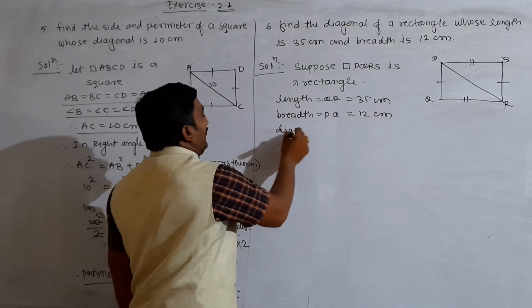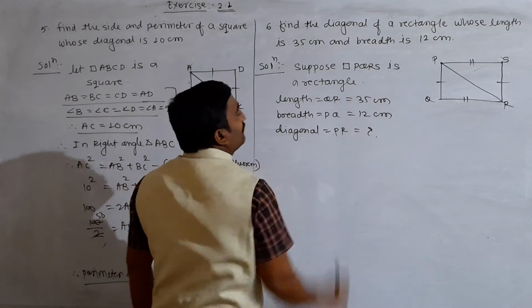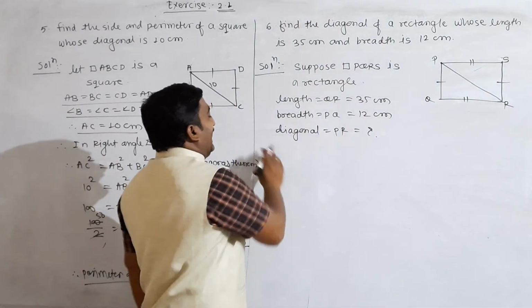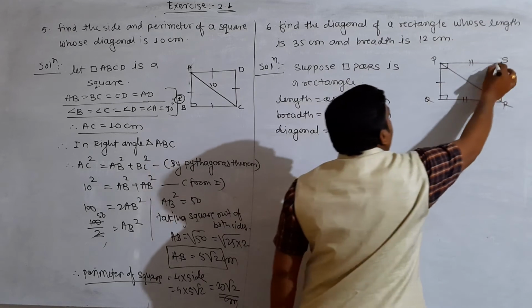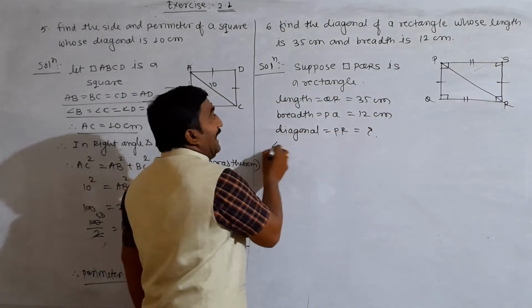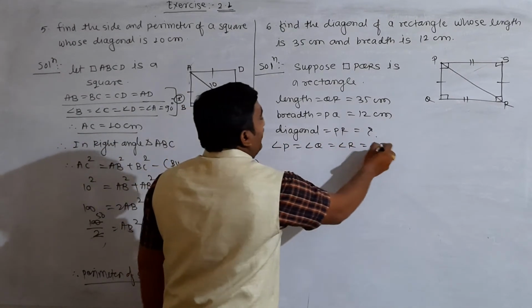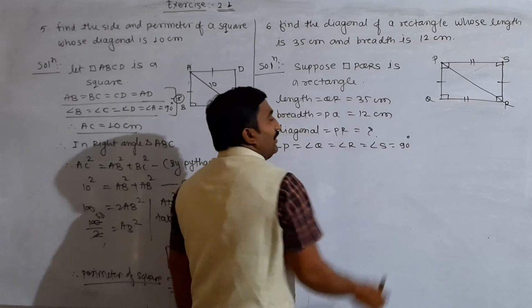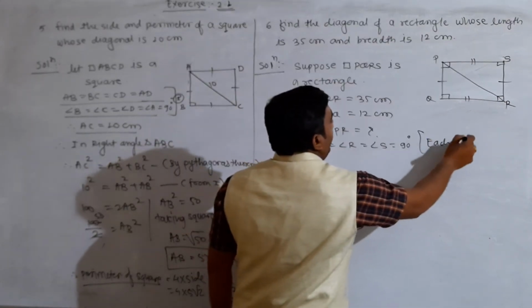We have to calculate diagonal PR. So, we know that each angle of a rectangle is a right angle. Angle P is equal to angle Q is equal to angle R is equal to angle S is equal to 90 degree. Each 90 degree.